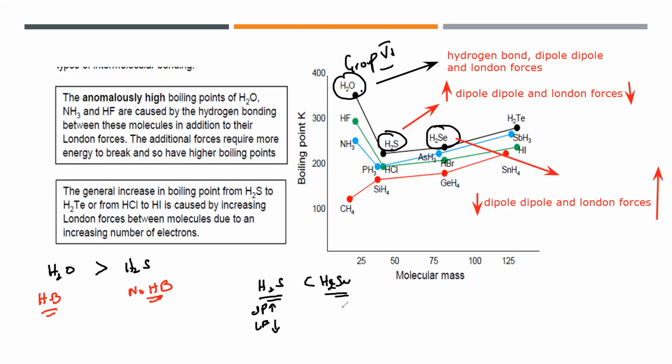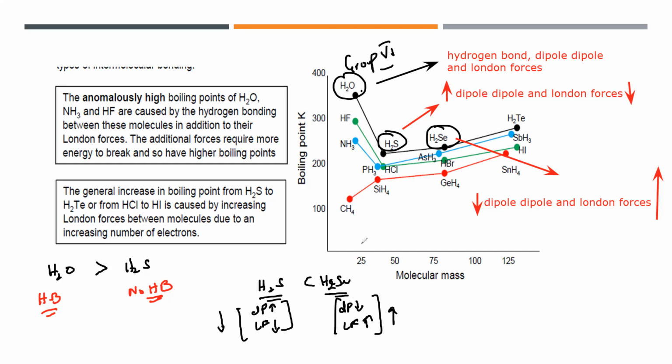But in H2Se, dipole forces are smaller, as there is a smaller difference in electronegativity, since electronegativity is decreasing. But the London forces increase because there are more electrons, as an increase in electrons increases the London force. So the net result of this change is more as compared to the net result of the other change. That's why H2Se will have a higher boiling point.